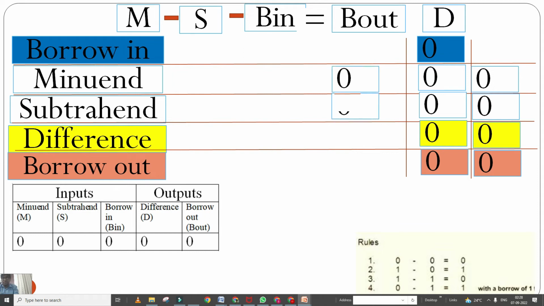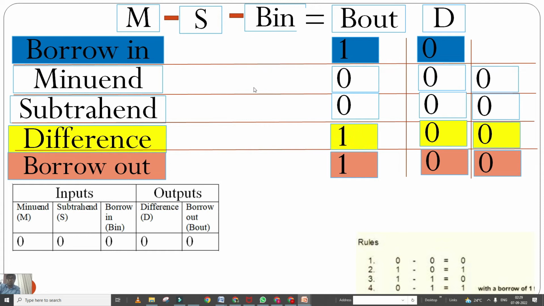Now if the borrow in equals 1, obviously 0 minus 0 is 0, and then 0 minus 1 is not possible to subtract without considering the borrow.